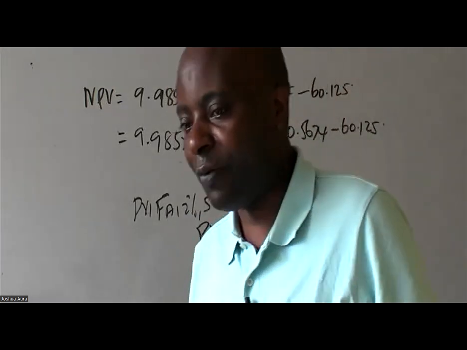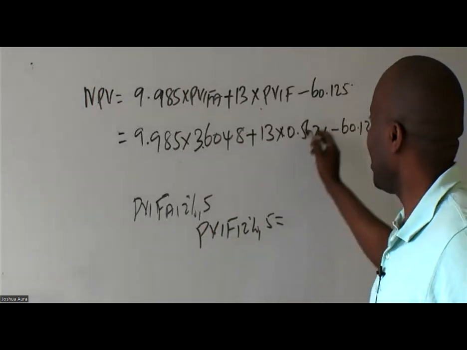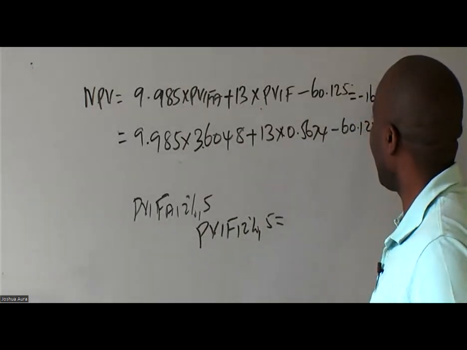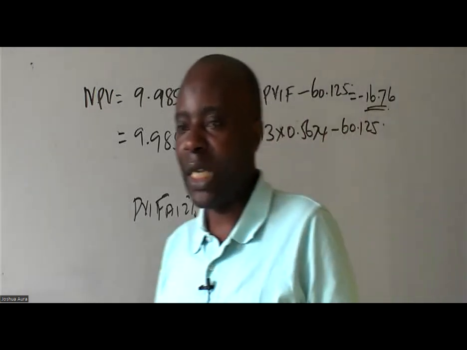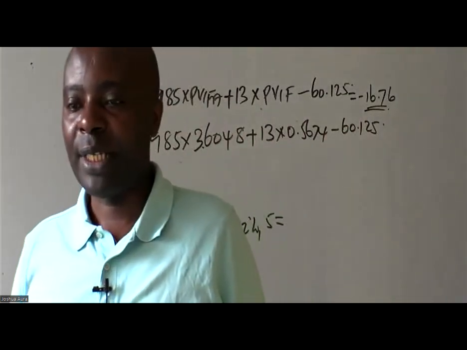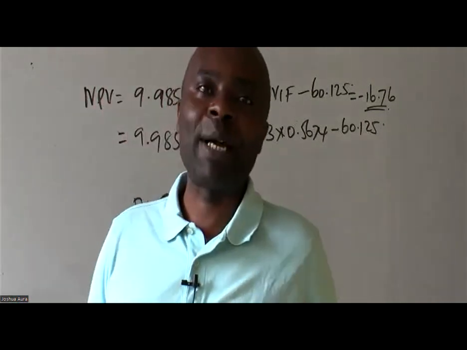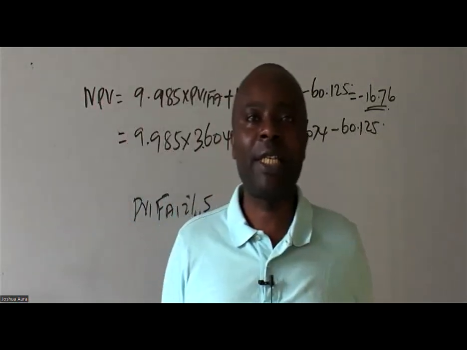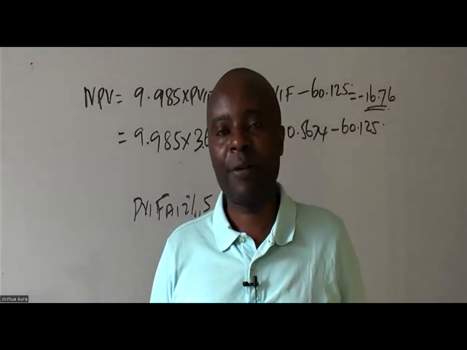Negative 16.75, yes. Negative 16.76. So NPV is negative 16.76. So of course we reject. We shall not buy the new machine. It is coming with a negative net present value. It's not worth it.